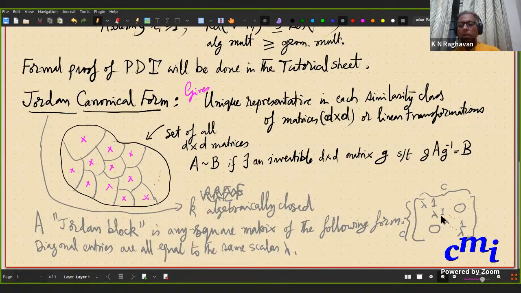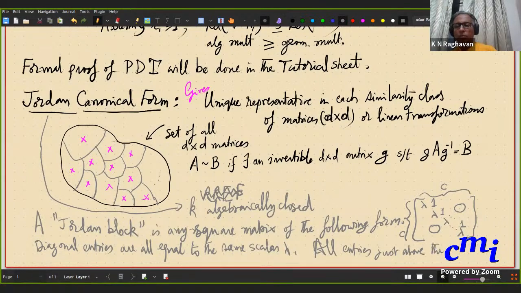And then all entries just above the diagonal are 1. If a matrix is of this form, then you call it a Jordan block.